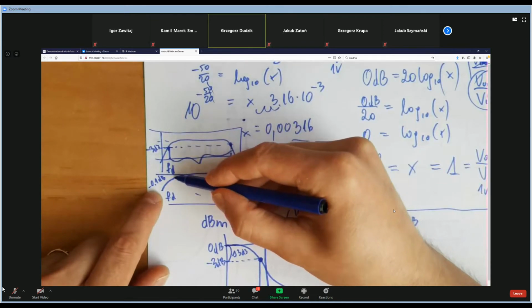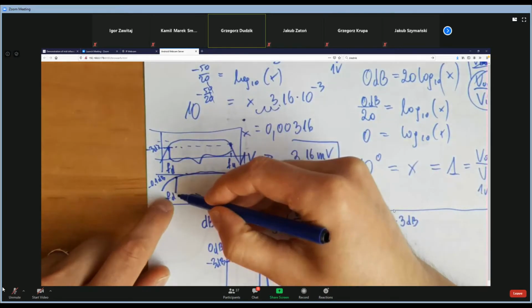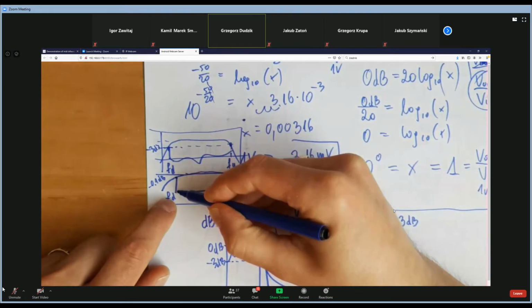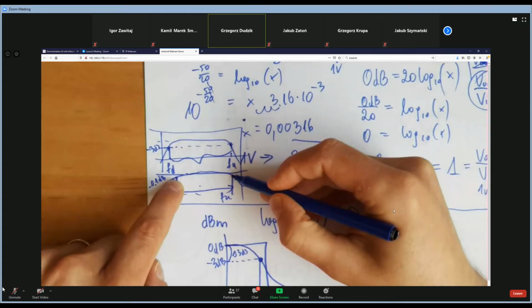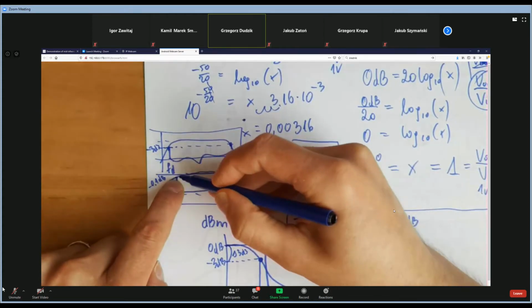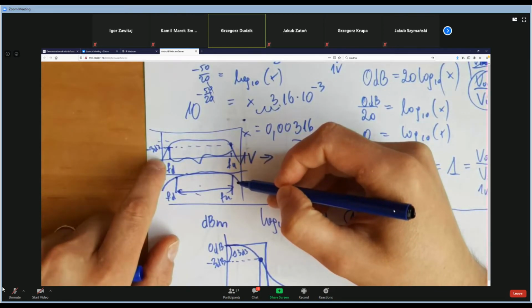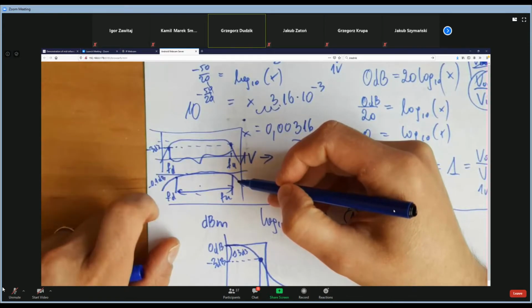It means that hi-fi equipment has an almost flat frequency characteristic over the whole bandwidth, compared with a typical audio amplifier which is not hi-fi.